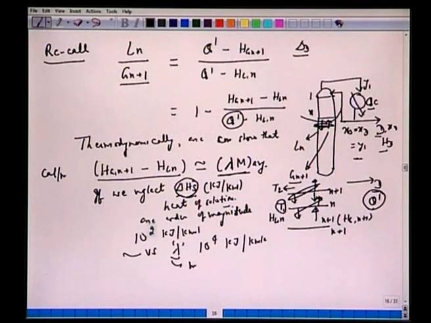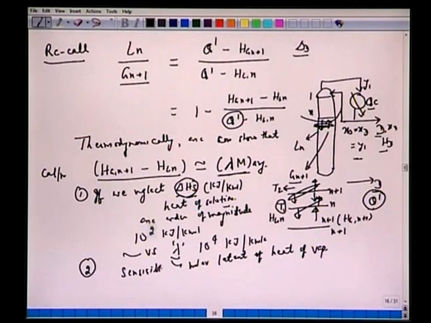So the first thing is that the heat of solution is much smaller than the molar latent heat of vaporization, and number two, on the same note, the sensible heat, due to the specific heat Cp del T, is also very small.